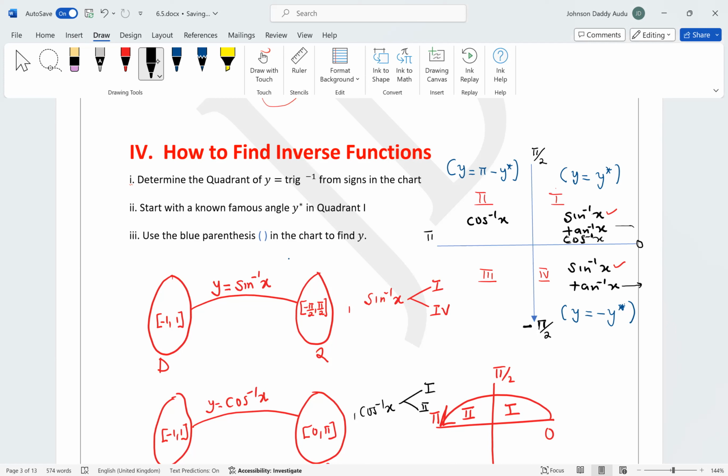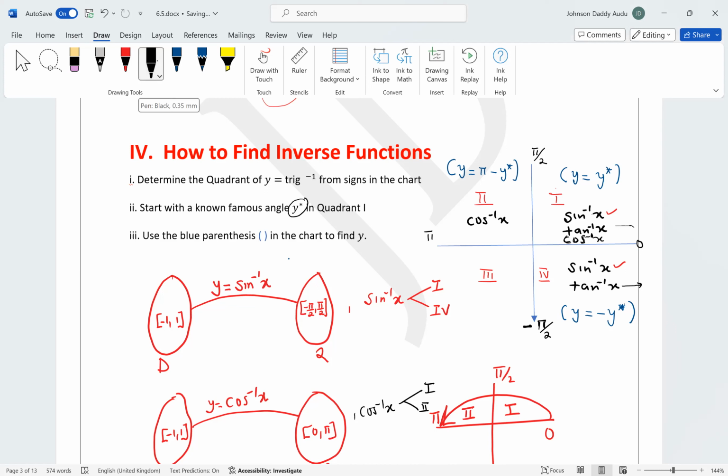Now, another thing we have here is what we call a reference angle, which we did before. Look at here, we said y is pi minus y star. So what is y star? Look at here, it says y star is a famous angle in the first quadrant.